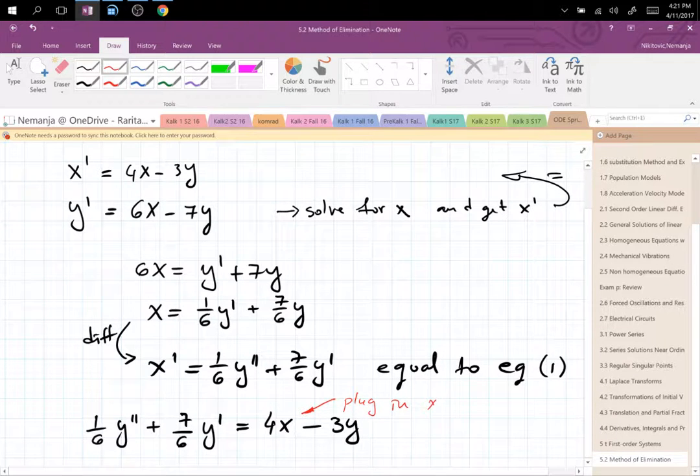Plug in x equals 1 over 6 y prime plus 7 over 6 y.